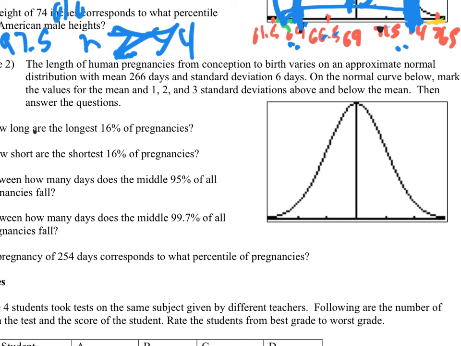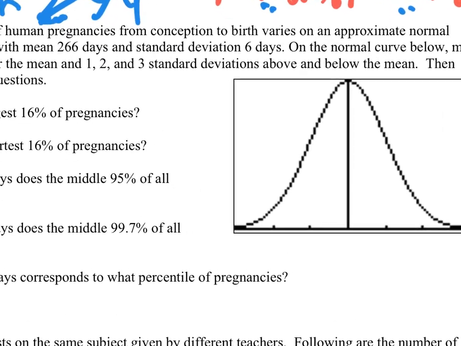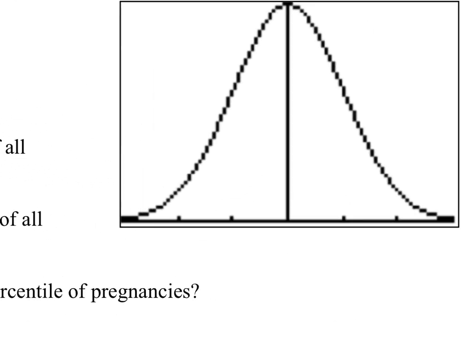varies with an approximate normal distribution with a mean of 266 days. So allow me to put 266 right here. And what was the standard deviation? 6. If I add 6, what's this number? 272. If I add 6, 278. If I add 6 more, 284.